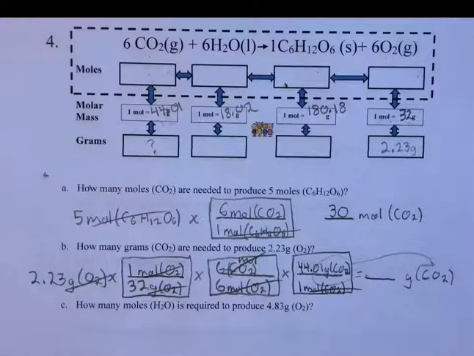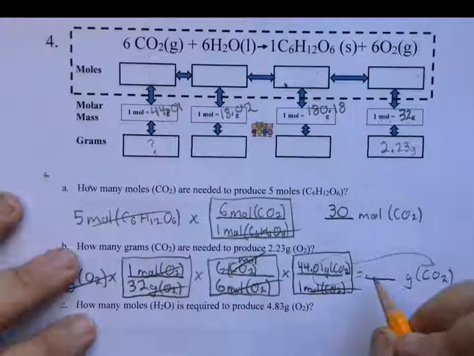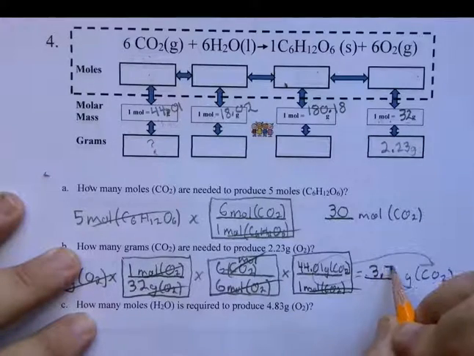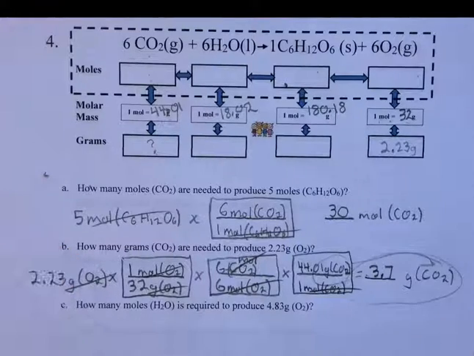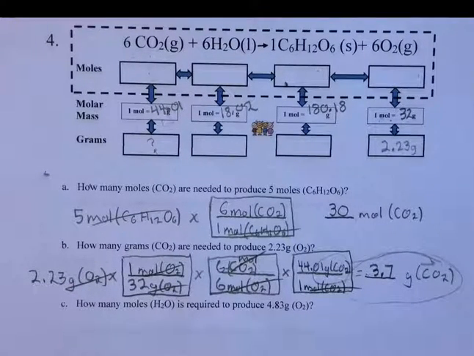So we start off with 2.23 times 1 times 6 times 44.01 divided by 1 divided by 6 divided by 32. And I get 3.7, call it. After beating you up about significant figures, we're not going to worry about that right now. Okay, there you go. That's your answer for that. All right.